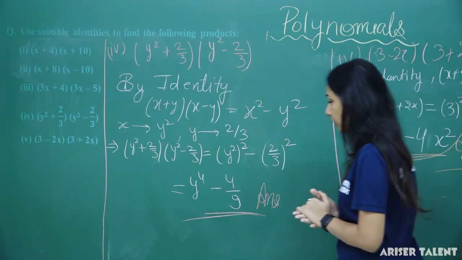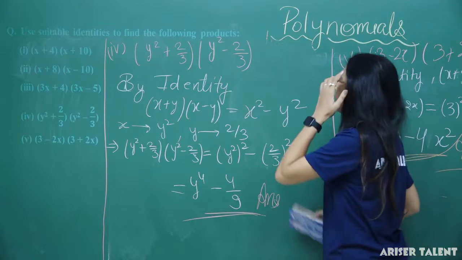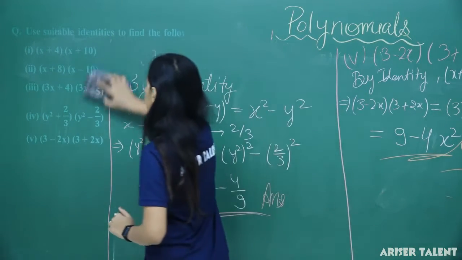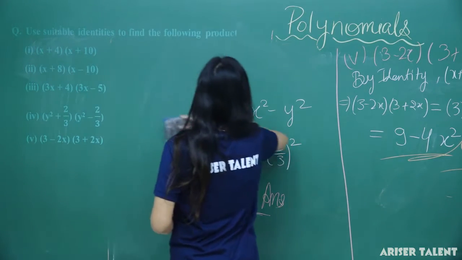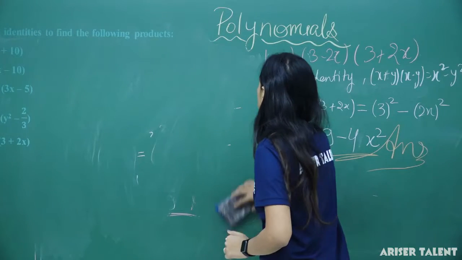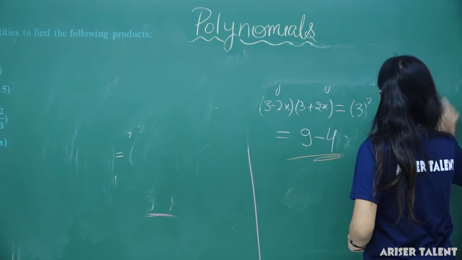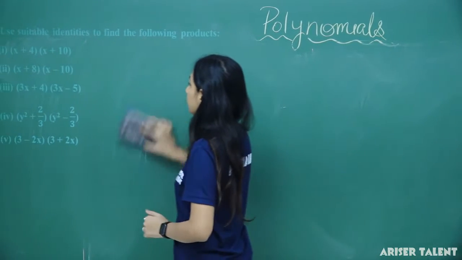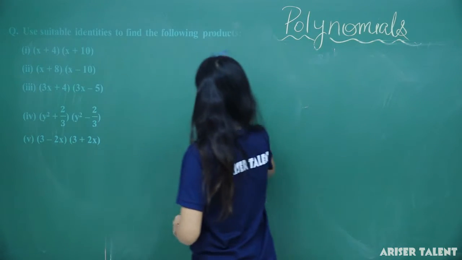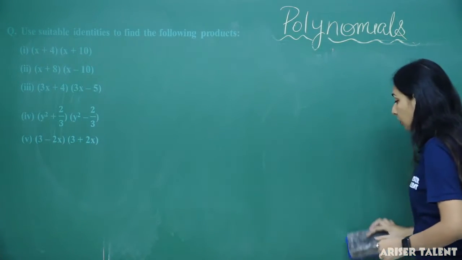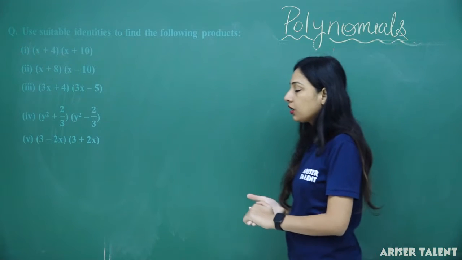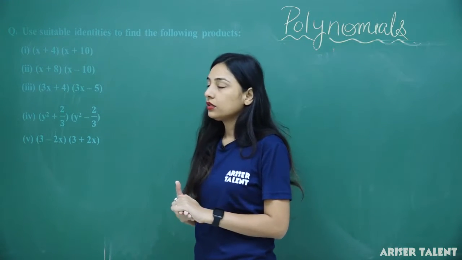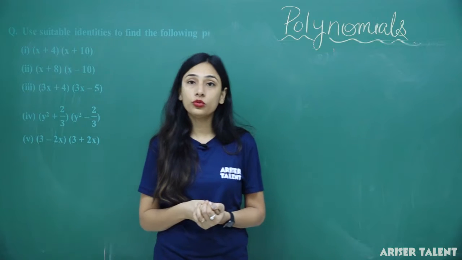Right? Okay, so that is about this question. Now you know how to solve this kind of question, how to use identities, right? Now we can solve some questions like some squares, some cube roots.